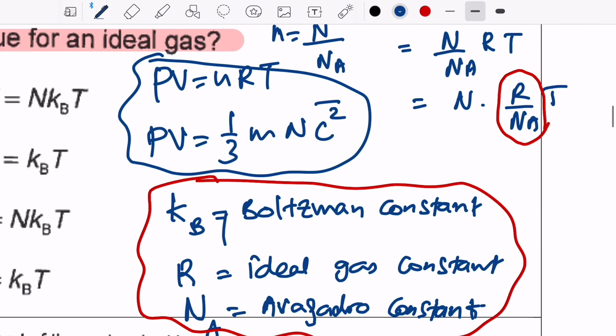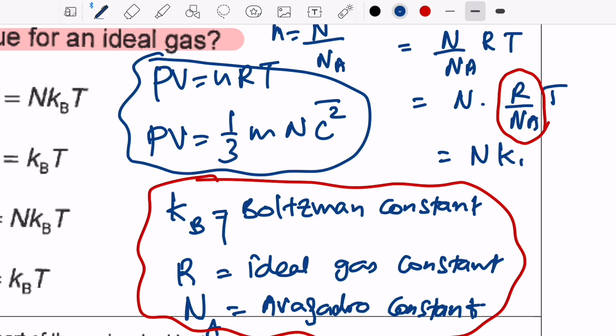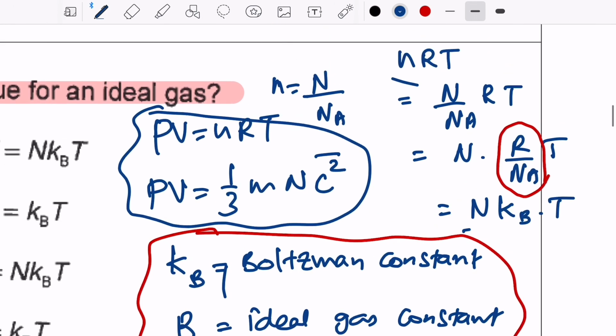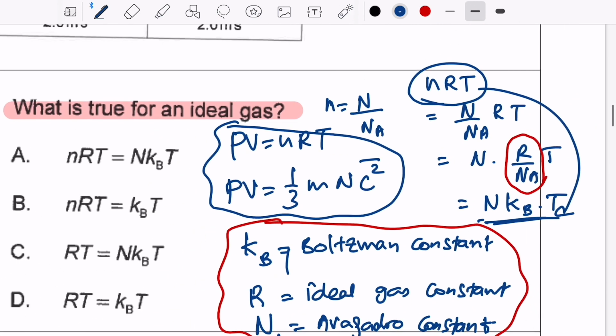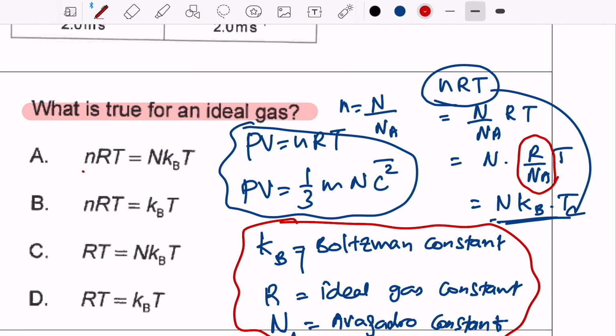R divided by Na is actually the Boltzmann constant. So if you can just start from here and come here, that's all what they want to see. Have a look. First question, first answer A. nRT equals N kB, Boltzmann constant, times T is the answer.